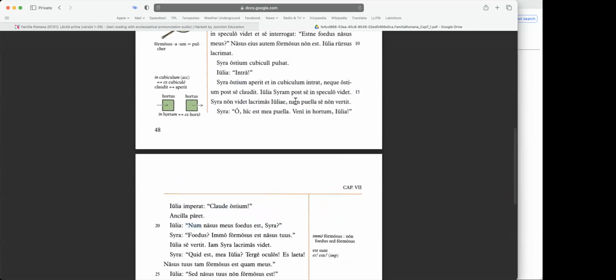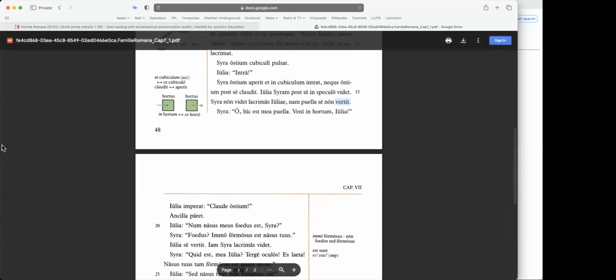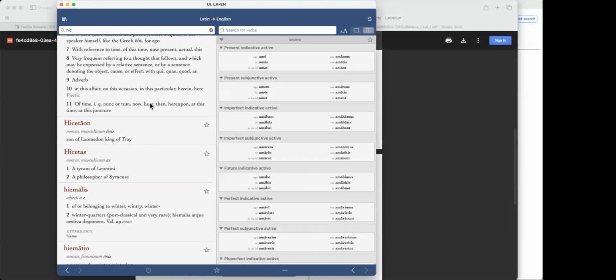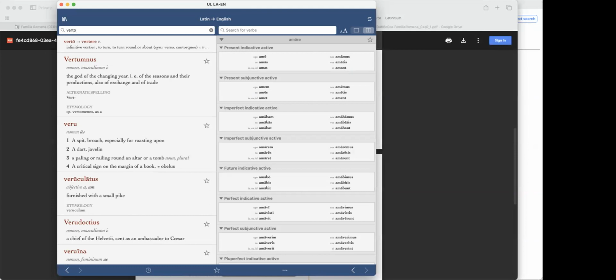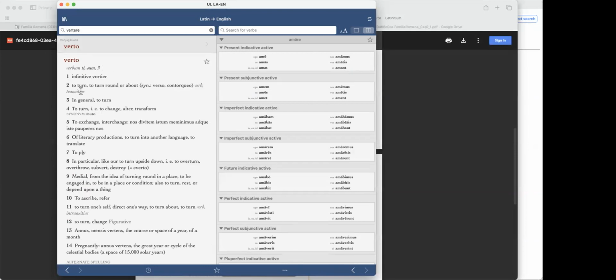In this case, it just says the girl does not turn herself. Well, all right, hold on, let's bring up the dictionary here. Verto means to turn or to turn around or to turn about.